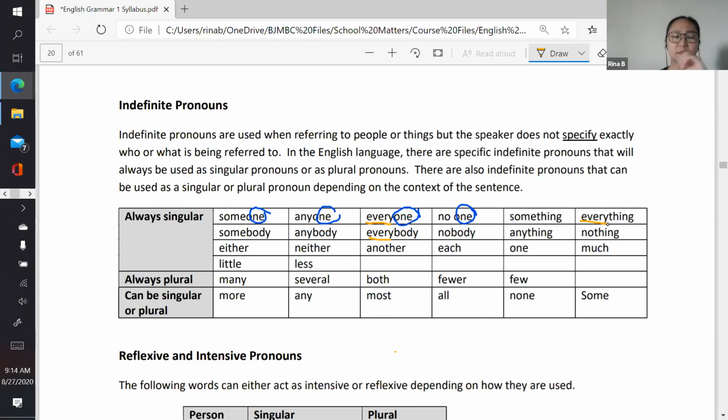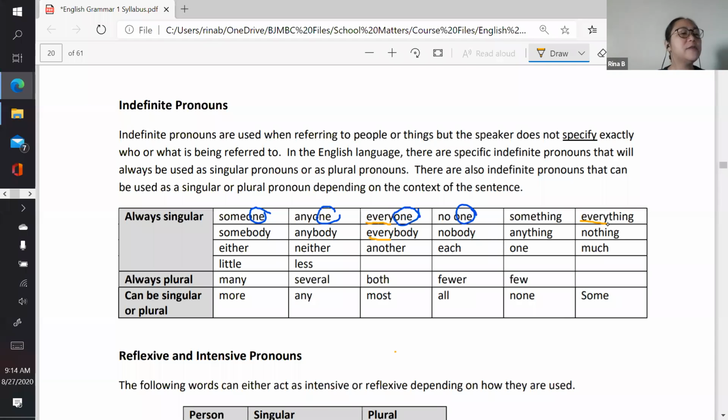That's why we need to keep this table in mind, so that when we speak or write our sentences, we know if we're using a singular or a plural indefinite pronoun. And we'll get back to the either. Either singular, either plural.